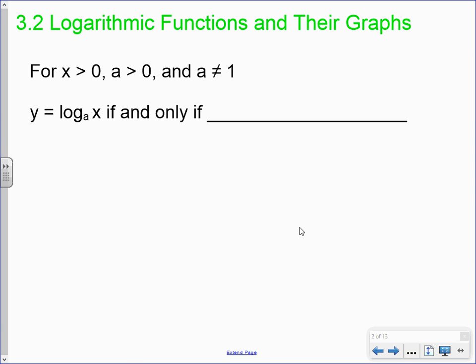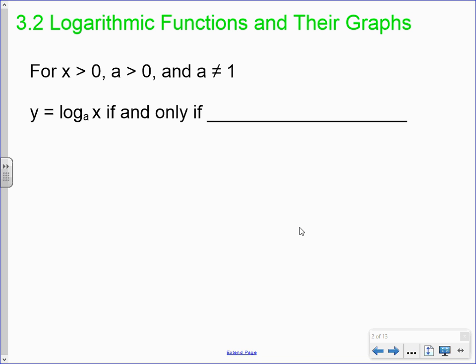Let's see if you and your pod can come up with what goes in the blank. Can you and your pod come up with what goes in the blank? You may want to talk to each other.